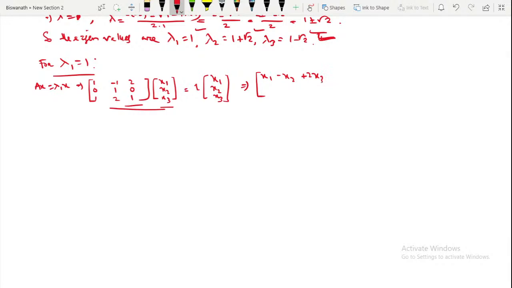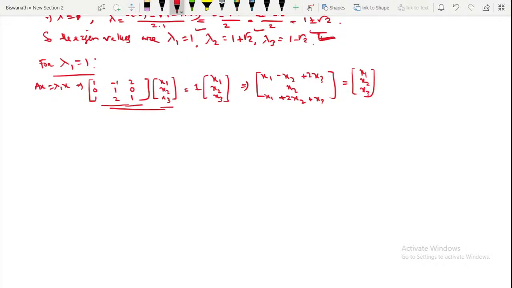Similarly, the middle one is simply x2, and the last one is x1 plus 2x2 plus x3. This is equal to x1, x2, x3, because after multiplying by 1 it will be the same.